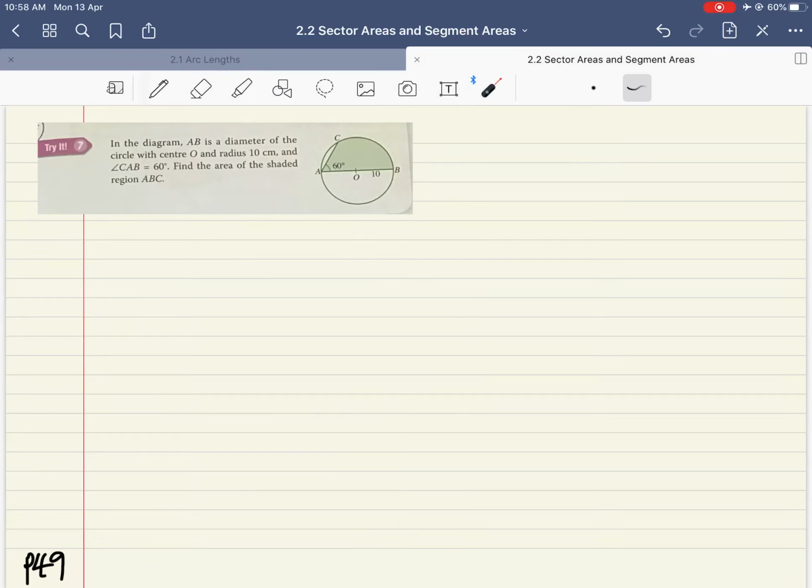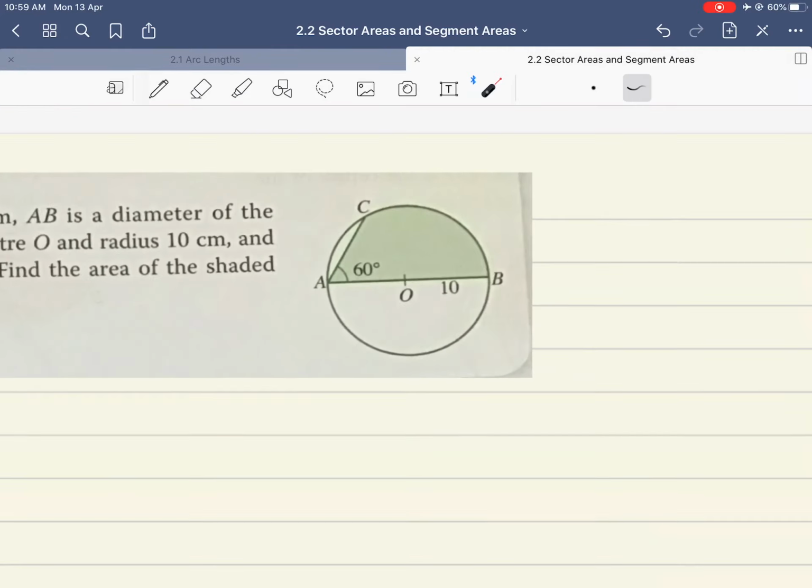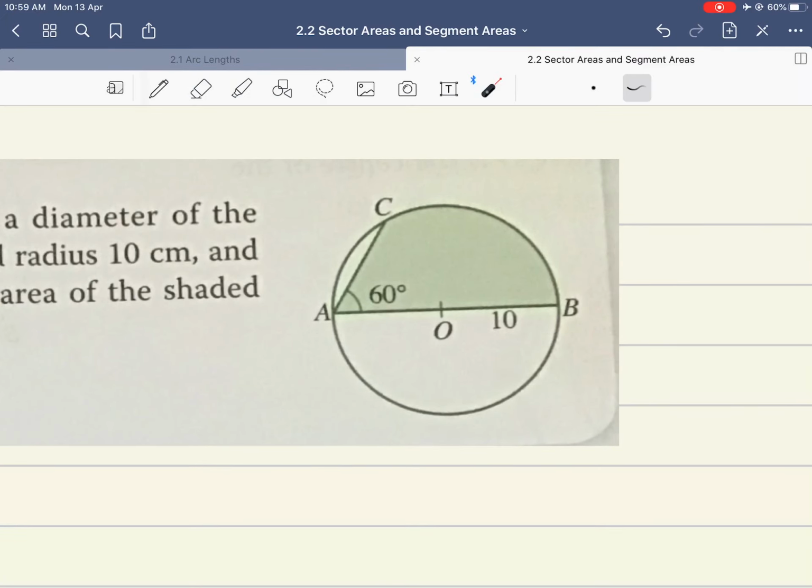Okay, now I'm moving on to try 7, which is found on page 49. Find the area of the shaded region. Let me just make a few amendments to this. What we are looking for here is the shaded region, but you can't find it directly. What I need to do is to break it up.